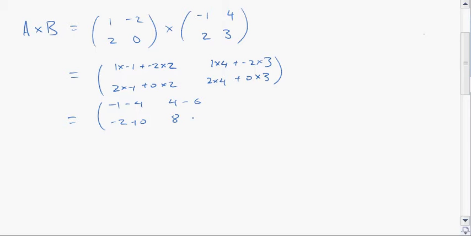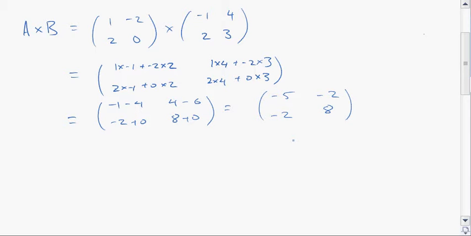So again, simplifying, -1 plus -4 is -5. 4 minus 6 is -2. -2 plus 0 is -2. And 8 plus 0 is 8. Alright, so that's A times B.